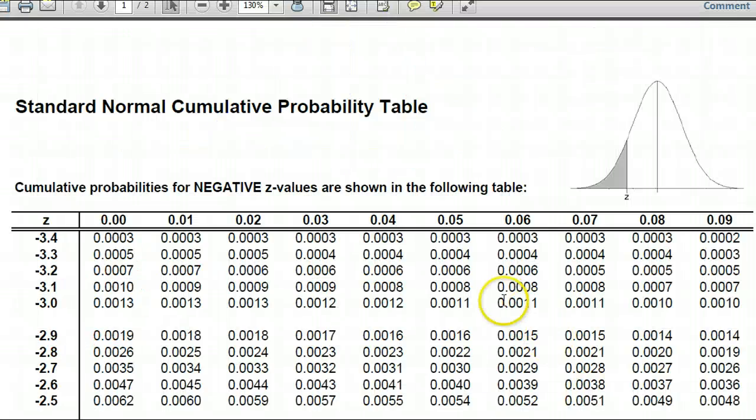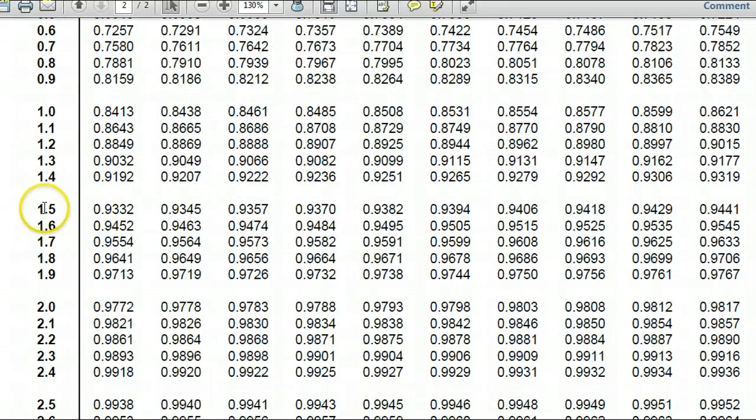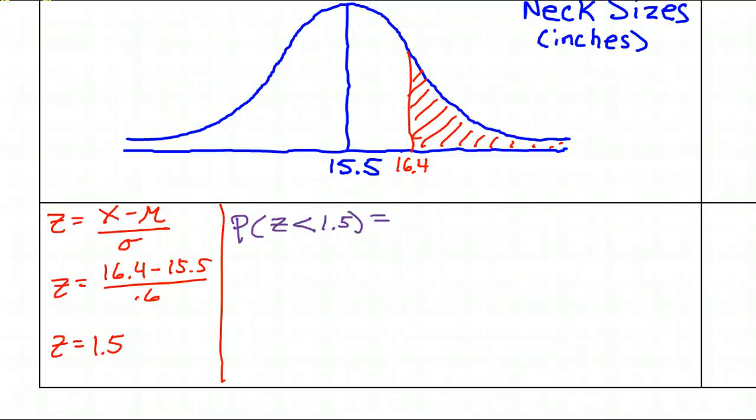So let's find 1.5 on our z-score chart. It has to be on the positive side. Here's 1.5, and it's exactly 1.5, so 1.50. So this is the one we're talking about, 0.9332. Now, this is the same as 93.32%, but we got this right off the chart, so this is the percentage that is less than 1.5.